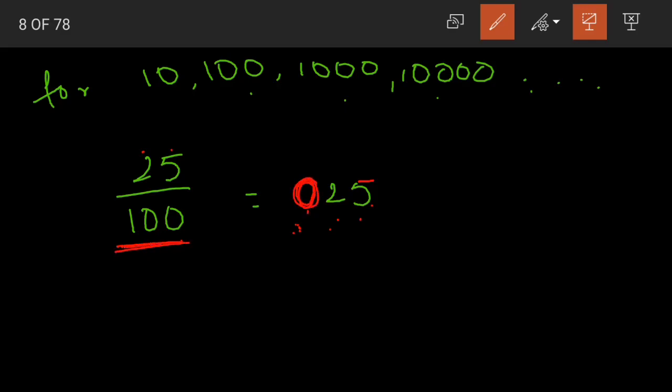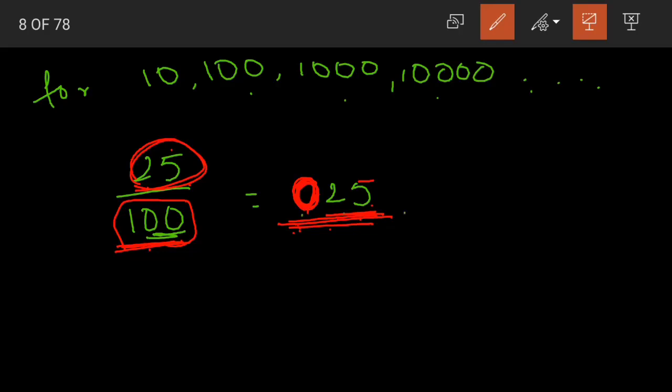For the numbers, we place 0 to the left side. We are having 3 digits in the denominator. So we have to write the numerator also as a number with 3 digits. But here we are having only 25, which has 2 digits. So for the third digit here, we have placed a 0 to the left side. Now what should we do next? In 100, we are having 2 zeros.